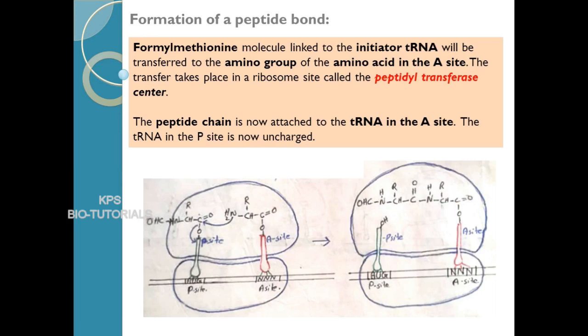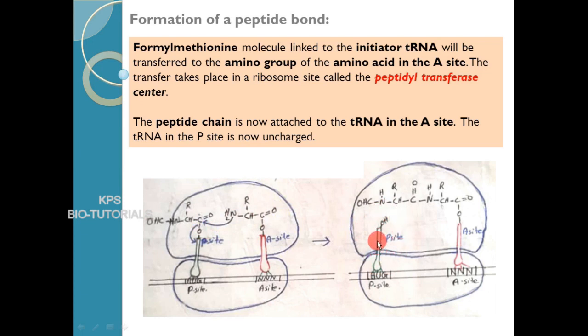This bond is formed between the carbonyl carbon of the first amino acid and the nitrogen atom of the amino group of the second amino acid. And due to this peptide bond formation, the tRNA in the P site is released from its amino acid. Now it is free and empty.